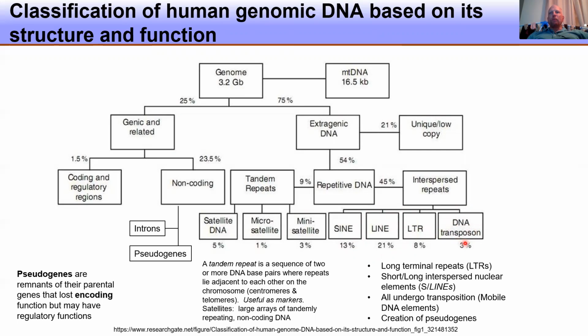So we believe that these mobile genetic elements contribute to the formation of the pseudogenes over here. Sometimes we use the term retroposons or retrotransposons to describe this group of mobile genetic elements.